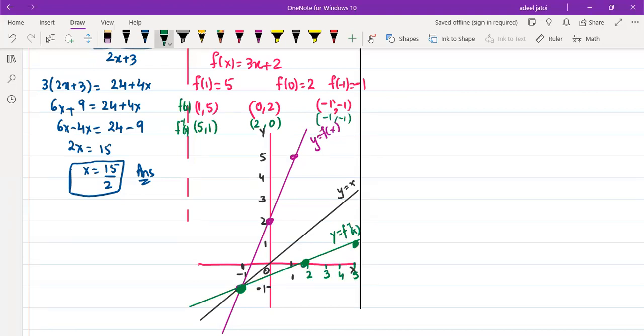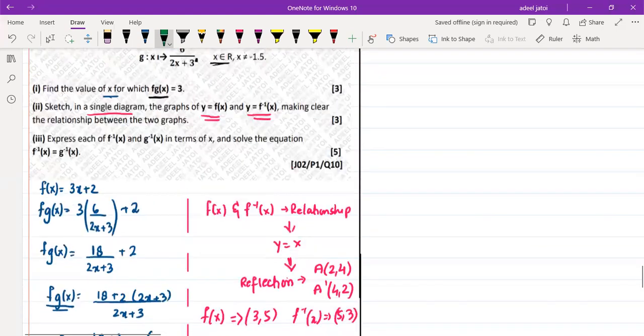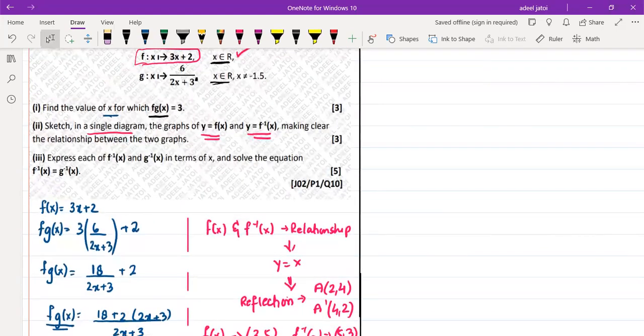Normally, generally, these lines are all equal. It's just a sketch. The question has said, sketch it out. So sketch means you don't need to have the exact values. You can directly show the points and just mark the values, right? So in the single diagram, the graph of y is equal to f(x) is drawn, y is equal to f inverse x is drawn, making clear the relationship.